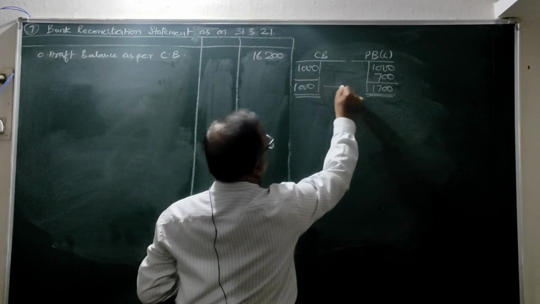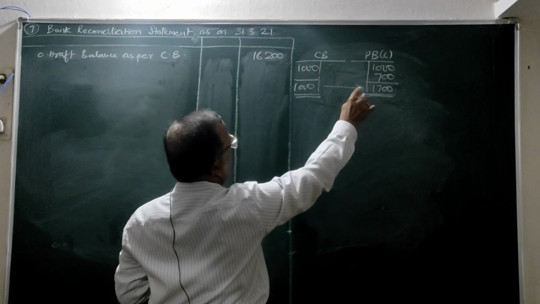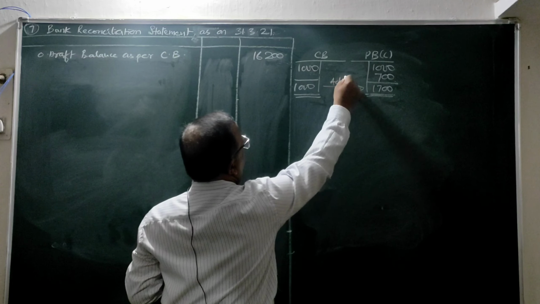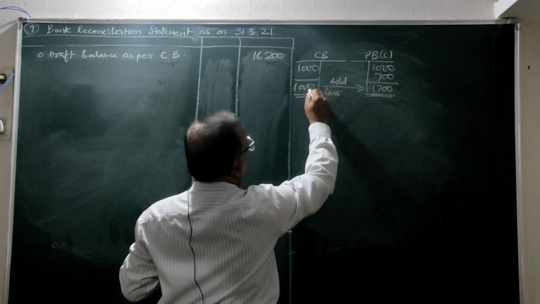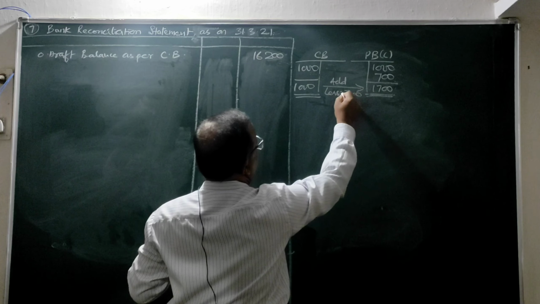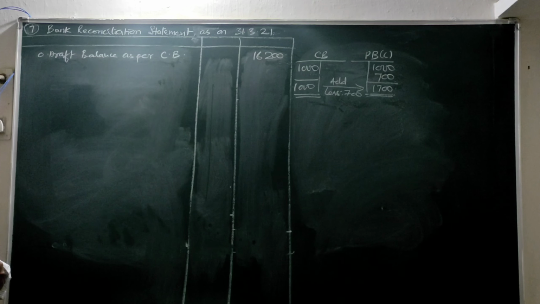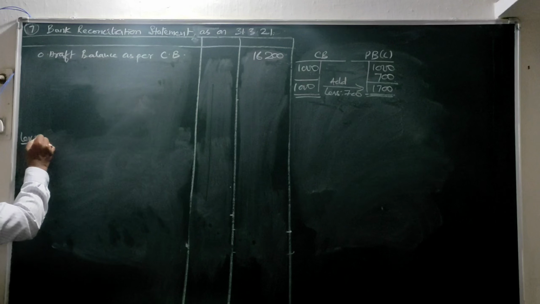So what we should do, our arrow mark will point towards the constant side. So this 1000 should be converted to 1700. So to this we should add. Okay, since it is an overdraft problem, opposite of this, less. How much? Difference is 700. So less is 700. So below less, what we should write?